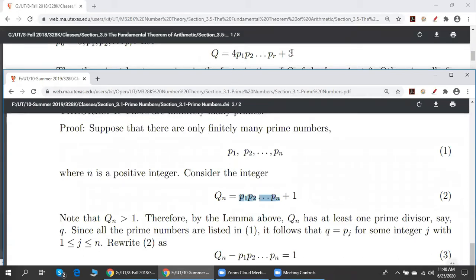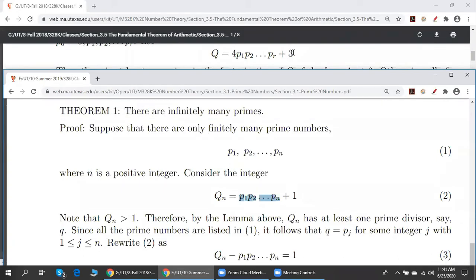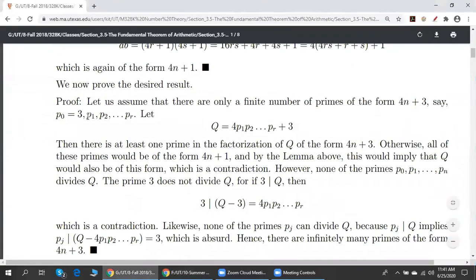Over here, we have a slightly different idea. We do not consider over here the product of all prime numbers of the form 4n plus 3. We consider the product of prime numbers starting from the second prime number. We do not include this one.